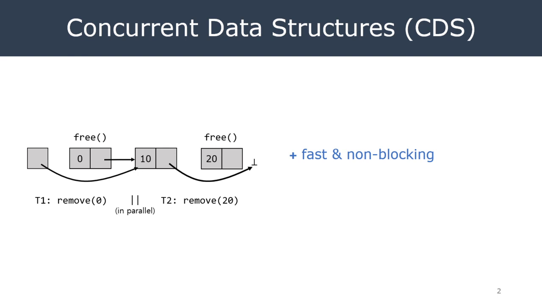After unlinking, or detaching, the nodes 0 and 20 from the linked list, we want to finally deallocate the memory because it is no longer inside the data structure. So we eventually need to reclaim the memory. Otherwise, the memory consumption will spike high, resulting in some very bad system behaviors. So we want to actually call the free function for these allocations.